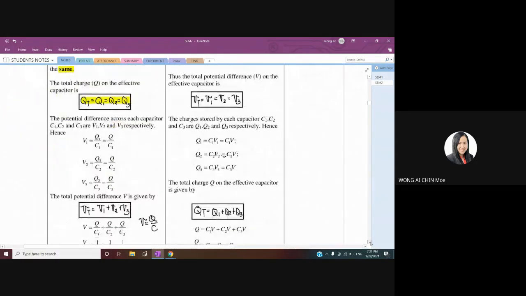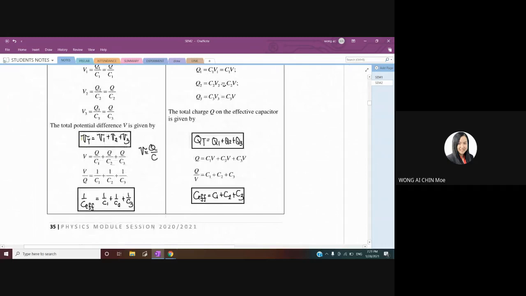We can write V total equals V1 plus V2 plus V3 for series. So at the end, our effective capacitance is 1 over C effective equals 1 over C1 plus 1 over C2 plus 1 over C3. This is the capacitance for a series.